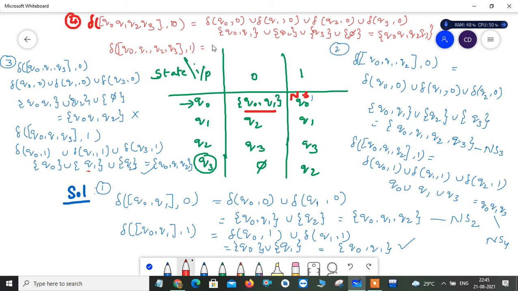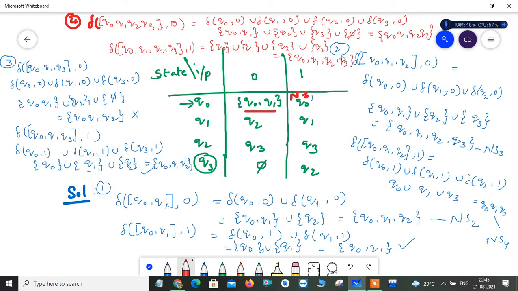So Q0 on 1 is nothing but Q0, union Q1 on 1 is nothing but Q1, union Q2 on 1 is nothing but Q3, union Q3 on 1 is nothing but Q2. So now you are finding the same state, that is Q0, Q1, Q2 and Q3.